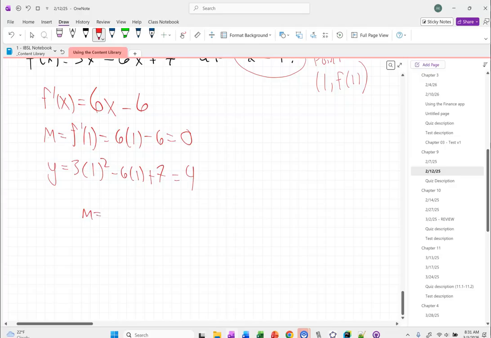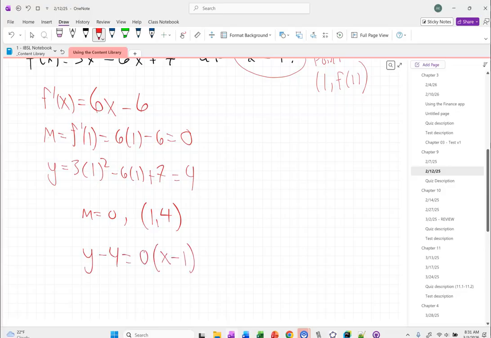So I have m equals 0 and the point (1, 4). So y minus y1 equals m times x minus x1, or just y equals 4. What do you guys think? It's okay?